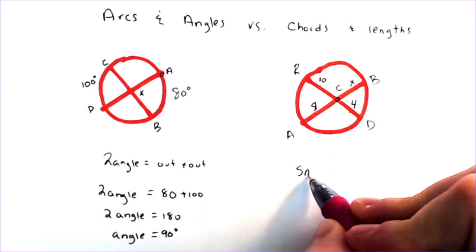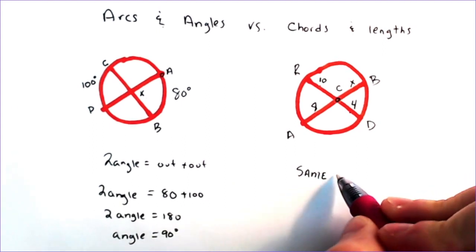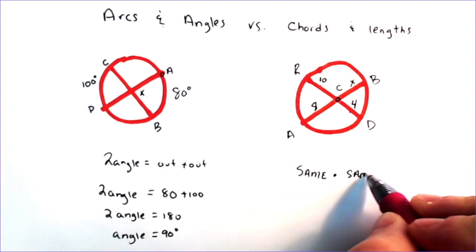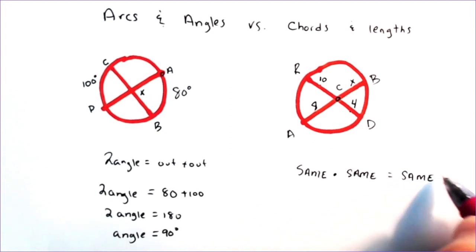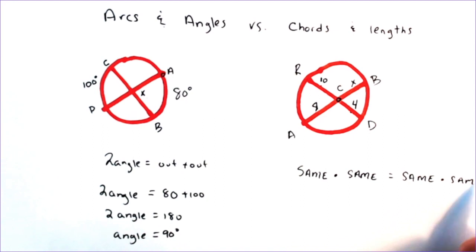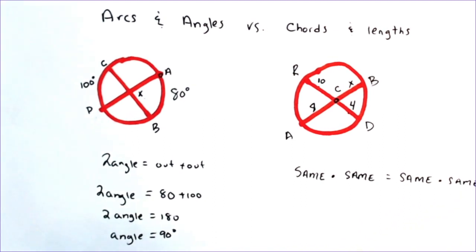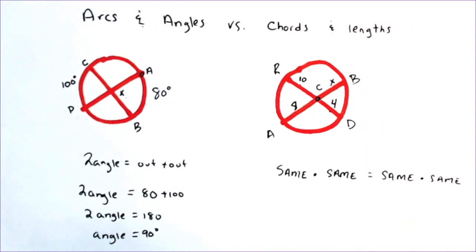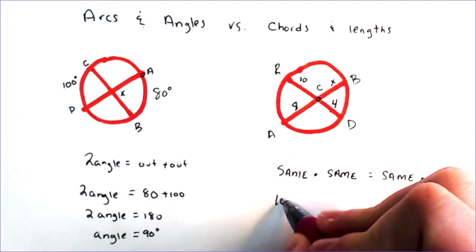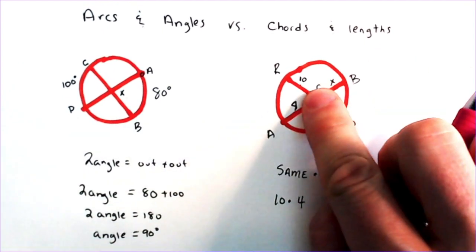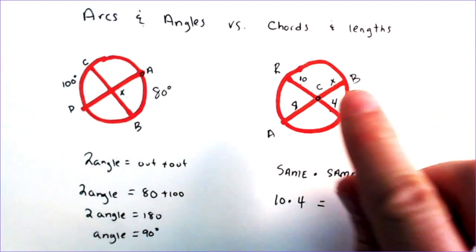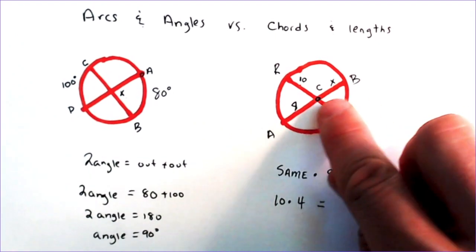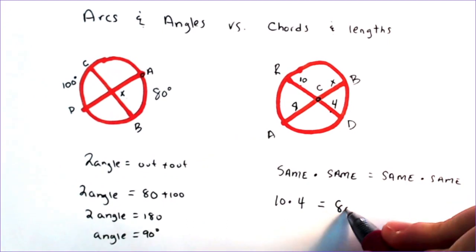So I'm going to call it same times same will equal the same times the same on the other side. Okay, so we're going to have 10 times 4, that would be the same chord times the same chord, would have to equal the same 8 times x on the other side.